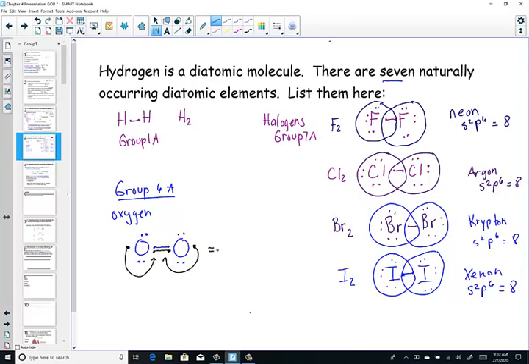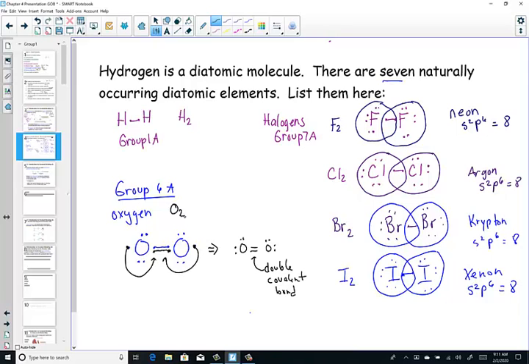So they bring them between and make a second shared pair of electrons. Now let me redraw that much cleaner. We have an oxygen with 2 lone pairs combined with another oxygen who has 2 lone pairs, and they're sharing 2 pairs, which makes this a double covalent bond. The oxygen molecule in nature is the elemental form of oxygen.